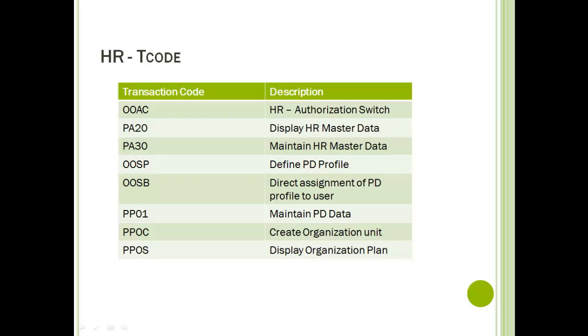OOSP is for defining the PD profile, the personnel data profile, and OOSB is direct assignment of the PD profile to users, which we will see later; that is called structural authorization. Then we have PP01, maintaining PD data, PPOC, which creates an org unit, and PPOS, which displays the organization plan.